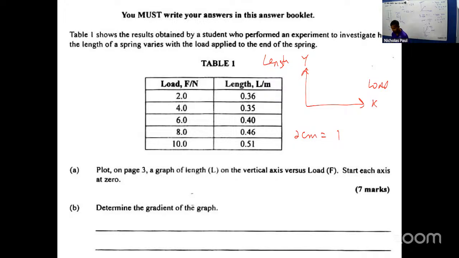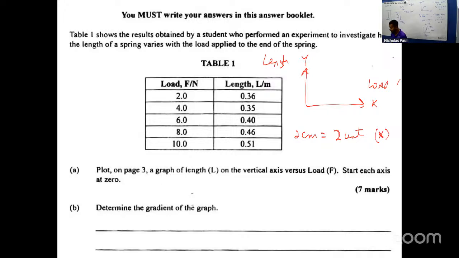That didn't work. So 2 centimeters is 2 units on the x-axis. That's the best we can probably do.